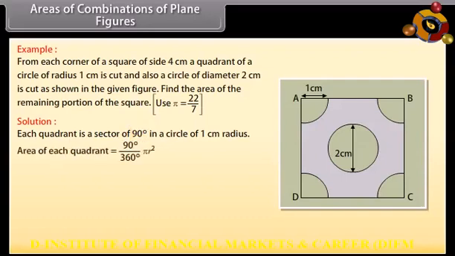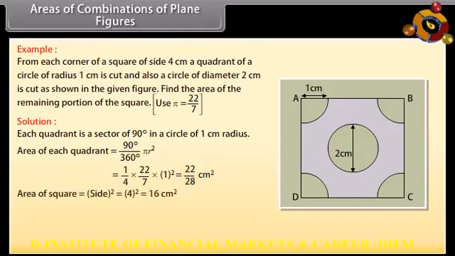Area of each quadrant is 90 degrees upon 360 degrees into pi r square, which becomes 22/28 centimeters square. Now, area of square is equal to side square, which equals 4 square, which is equal to 16 centimeters square.